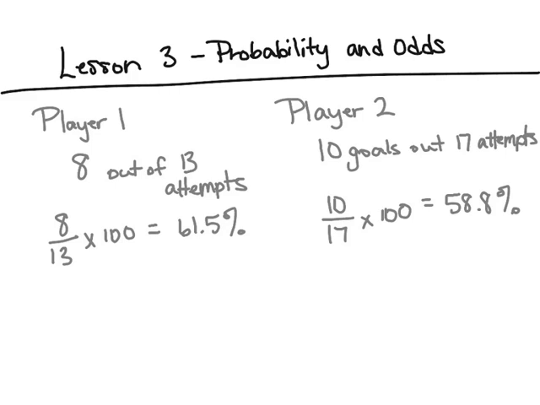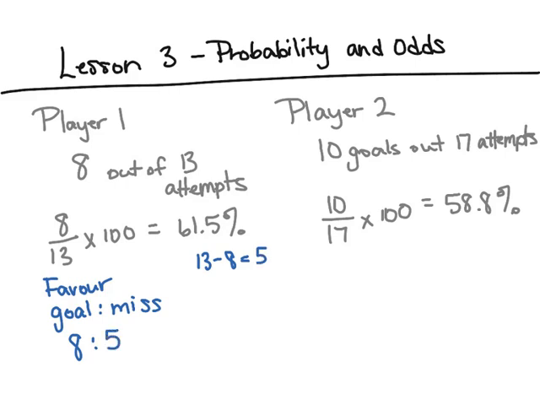Now what we're going to do is we're going to do the odds. So if we want to do the odds in favor, we want to find how many times there's a goal and how many times there's a miss. So the goal is 8, and to find out how many attempts didn't go in, you would do 13 minus 8, which is 5.